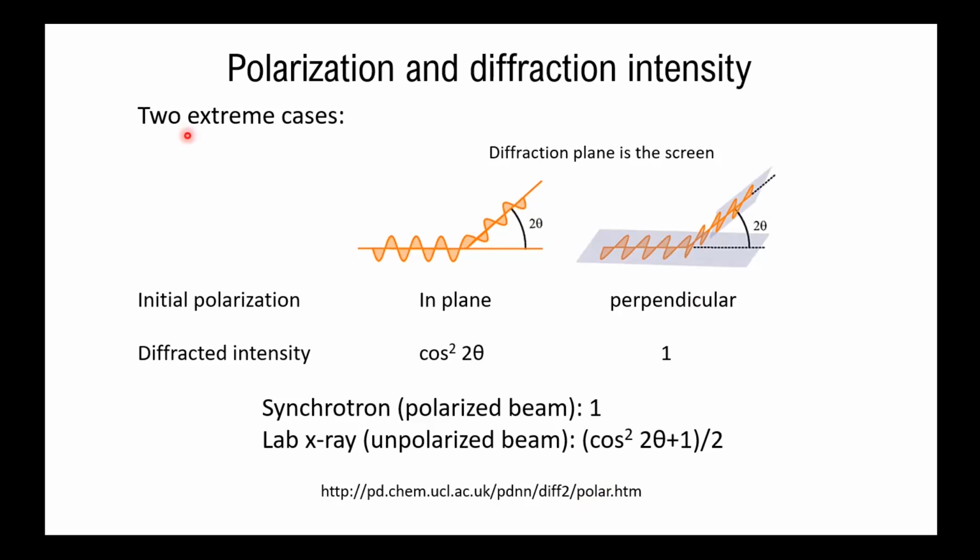So we can look at the two extreme cases. So one case is, let's say we still have the polarized X-ray coming, right? And somehow this polarized ray is in a specific direction that it's in plane with the diffraction plane. So what is the diffraction plane?